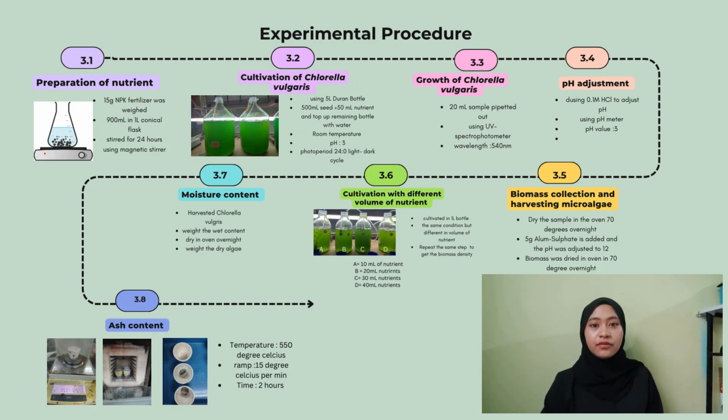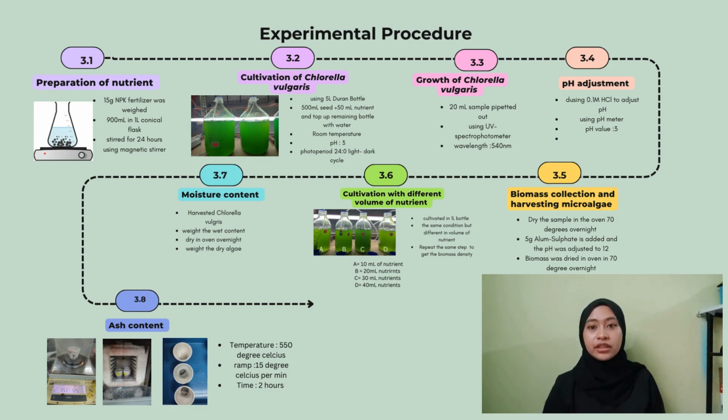Firstly, the preparation of nutrient for Chlorella vulgaris. 50 g of compost fertilizer was weighed and added to 900 ml water in a 1 liter conical flask, stirred for 24 hours using a magnetic stirrer. Next, the cultivation of Chlorella vulgaris using a Duran bottle as the photobioreactor: 500 ml seed and 50 ml nutrient, and the remaining bottle topped up with tap water.